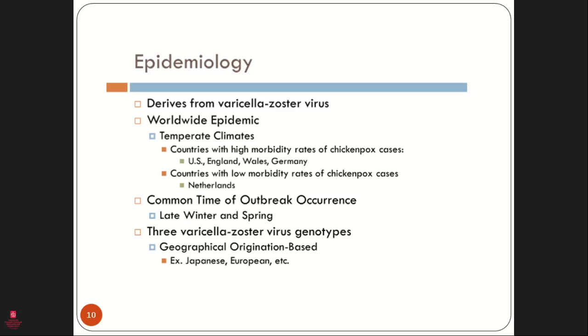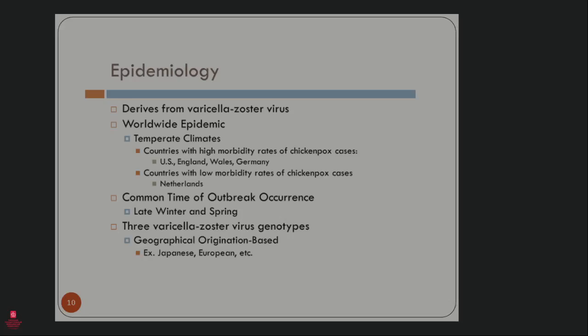In most countries with temperate climates, more than 90% of persons are infected by adolescence, but in countries with tropical climates, a higher proportion of infections are acquired at older ages, which results in higher susceptibility among adults.